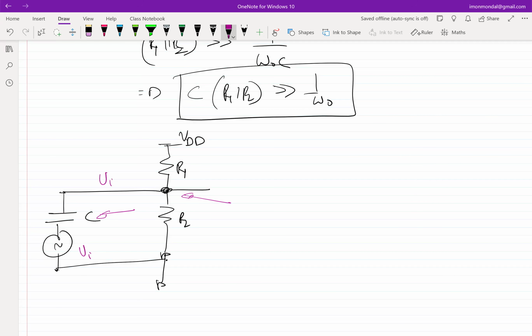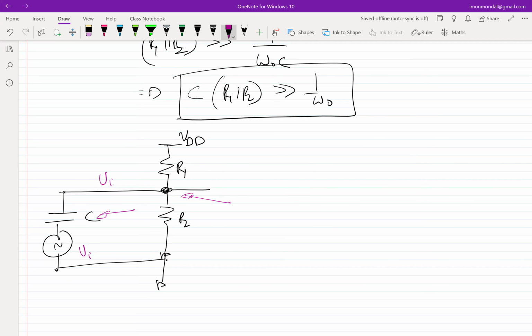So it's serving two purposes. One is not disturbing the quiescent by giving infinite impedance to a DC signal. And the other is transmitting the VI across it without any attenuation, which means it's giving zero impedance to a non-zero frequency signal.